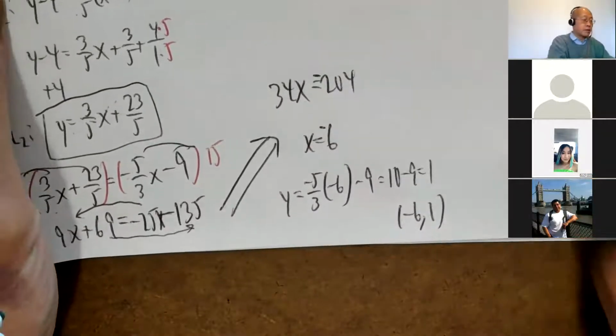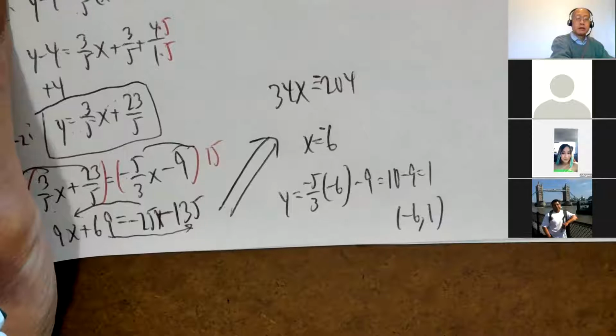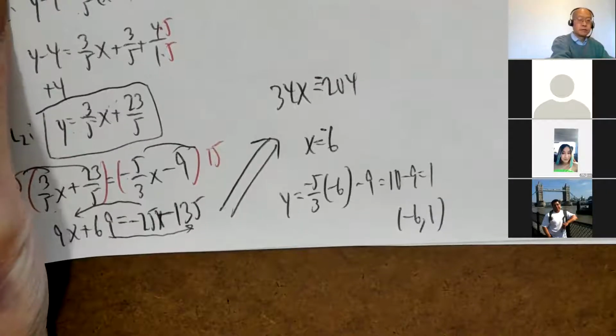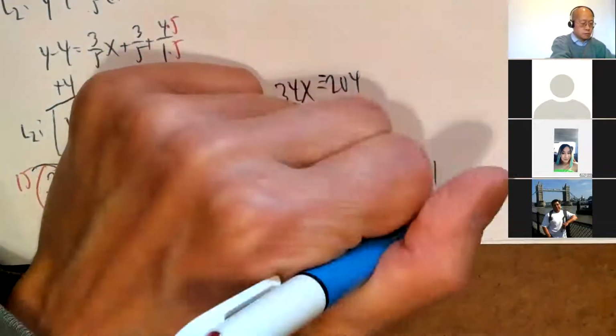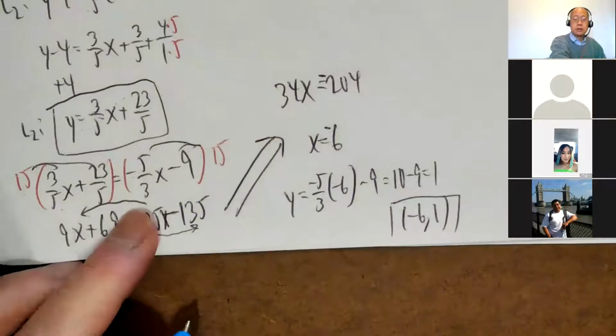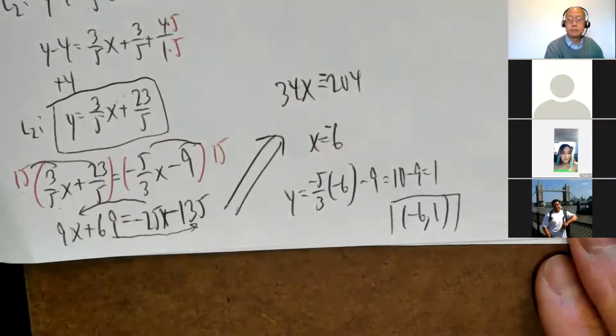So yes, that was quite a bit. I see that when you want to find where two lines touch, you just make them equal to each other.